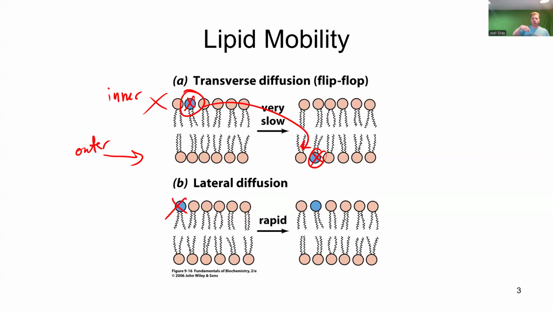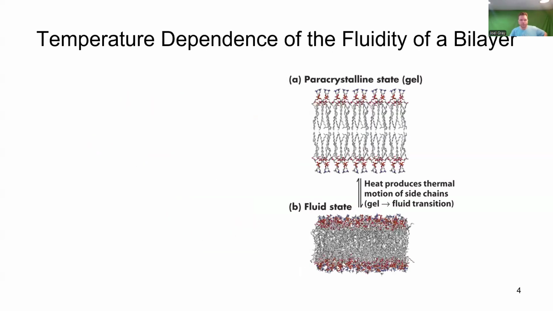If you're going from this part of the general admission area to that part, yeah, you're going to bump into people along the way, but you'll get there eventually. Now, this model at the top is known as transverse diffusion. So going from the inner leaflet to the outer leaflet can happen very slowly, whereas this lateral diffusion happens pretty quickly.